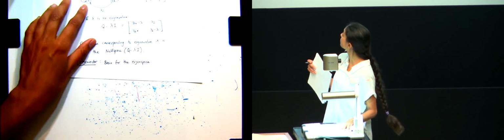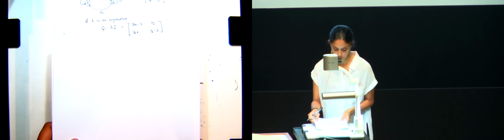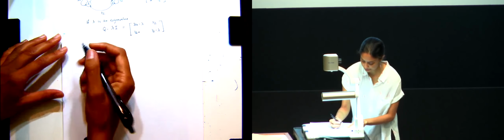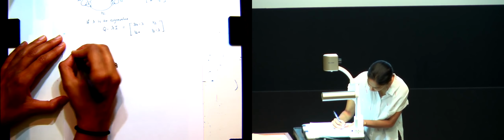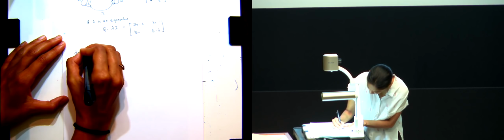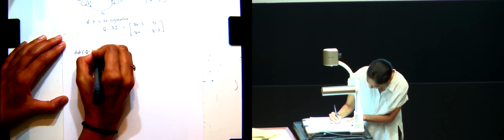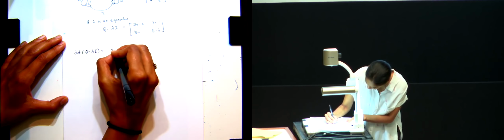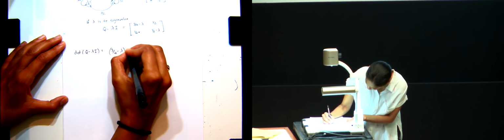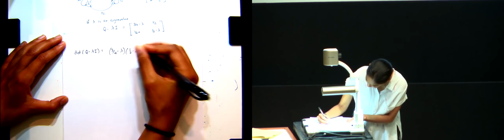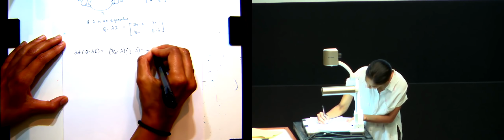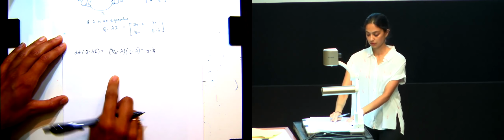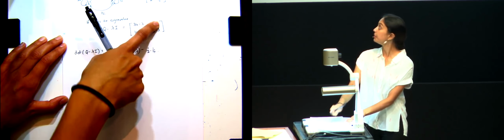But we have this guy, and we saw last time in lecture how we wanted to compute this. So let's look at the determinant of Q minus lambda I. This is equal to (3/4 minus lambda) times (1/2 minus lambda) minus 1/2 times 1/4, right? AD minus BC.